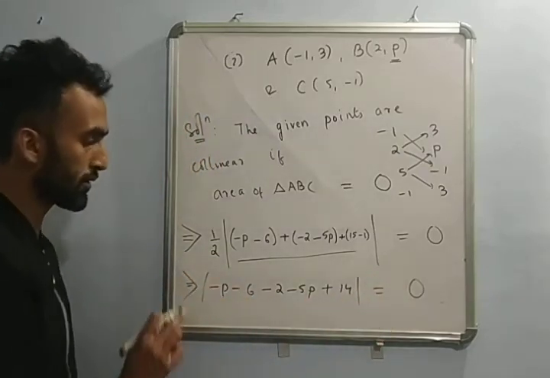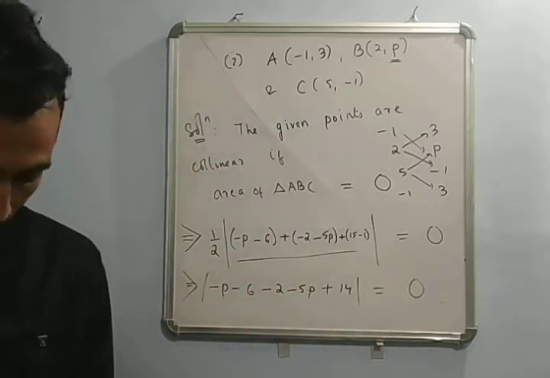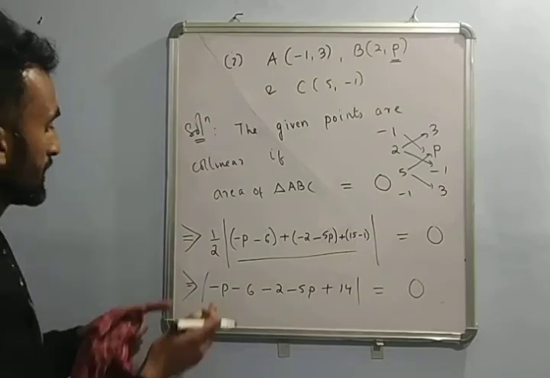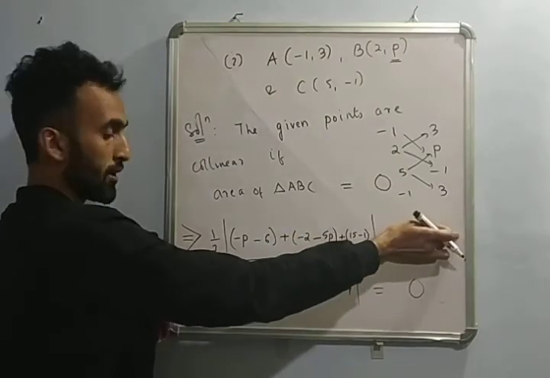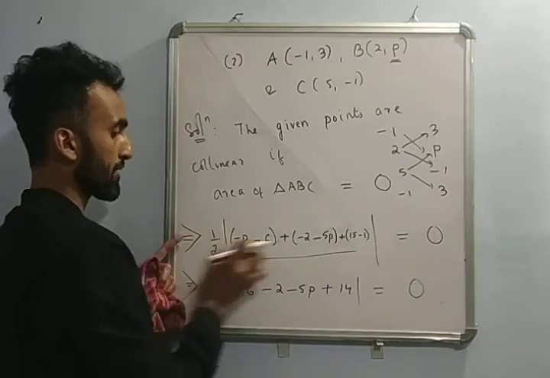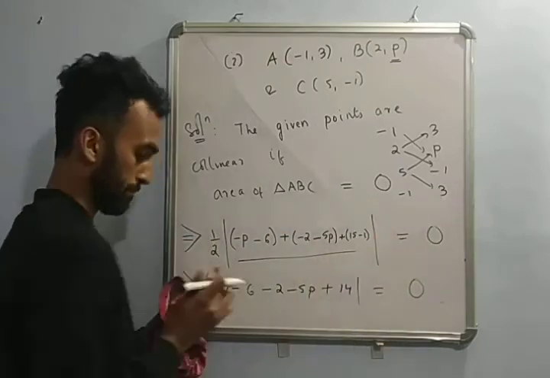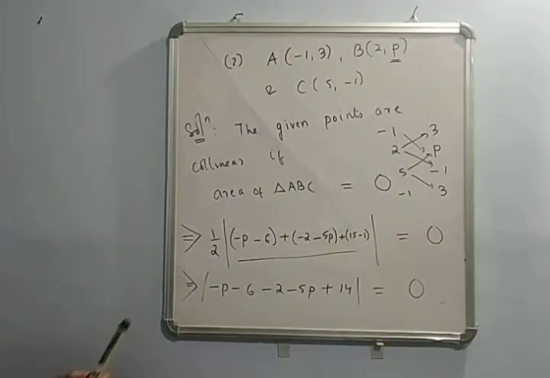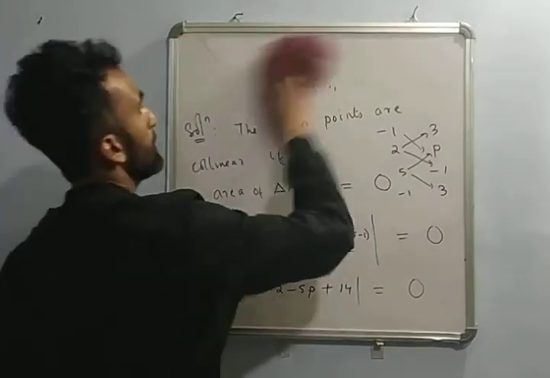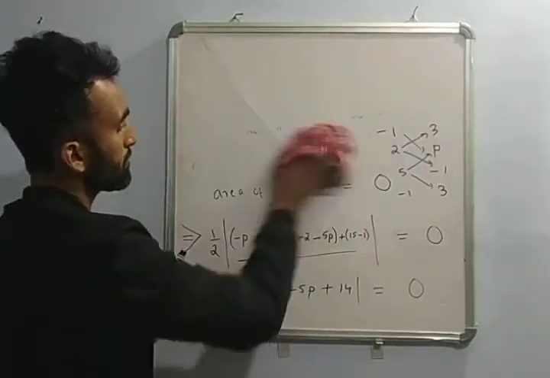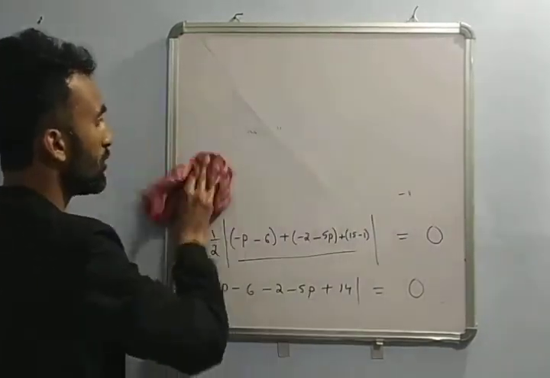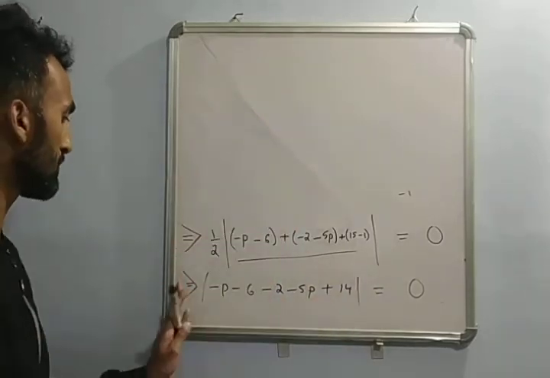Implies here, don't use equal to here, implies. So things are clear, I hope so. This 2 goes up and multiplies with 0, it becomes 0, remember. Cross multiplication. Now I'll rub this part. So throughout I have to use equal to 0, here implies, okay.